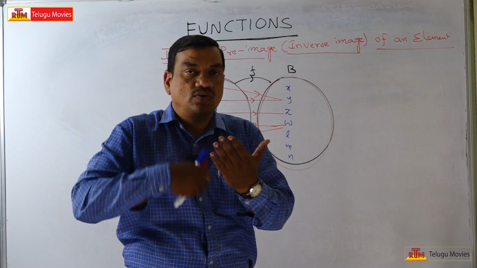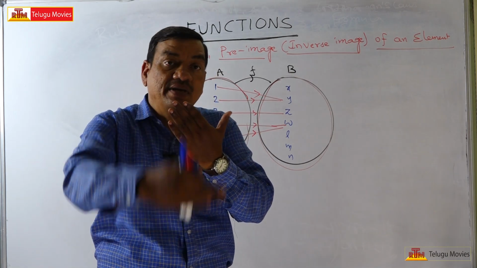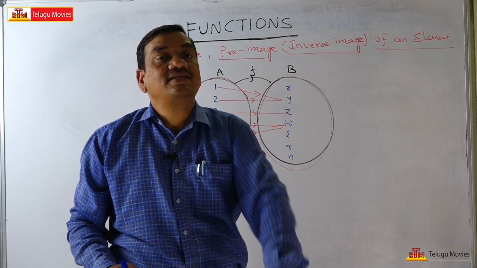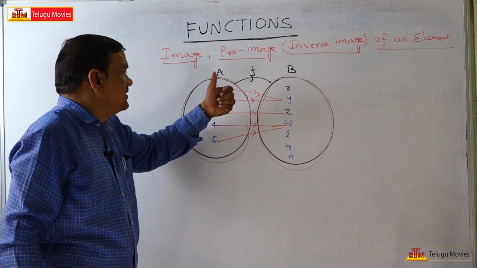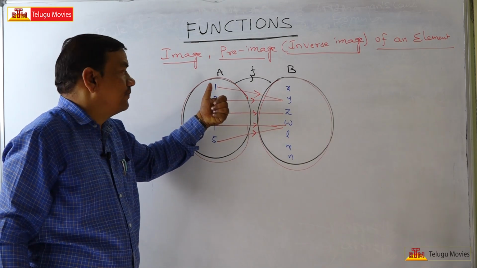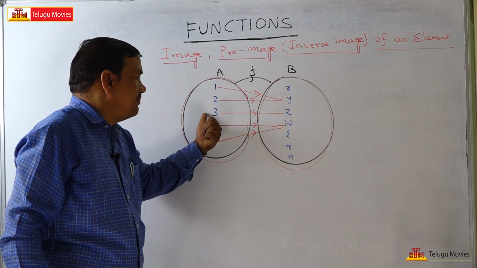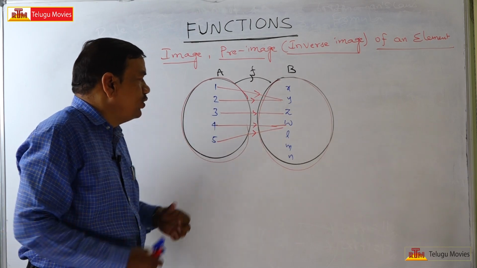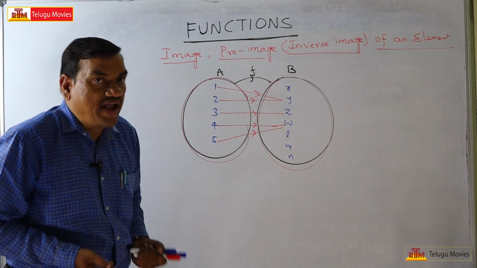The elements belonging to A are ours, and whatever appears in the mirror is the image. So clearly y is the image of 1, y is the image of 2, z is the image of 3, w is the image of 4, w is the image of 5.